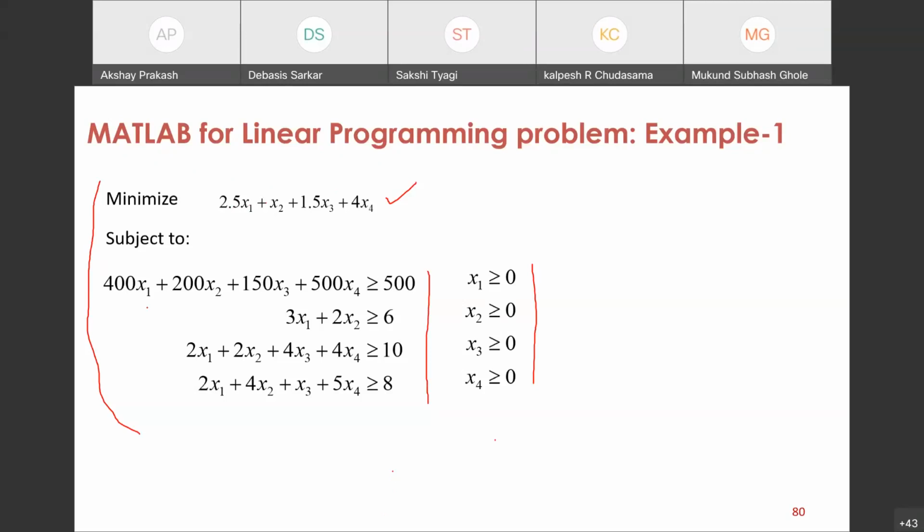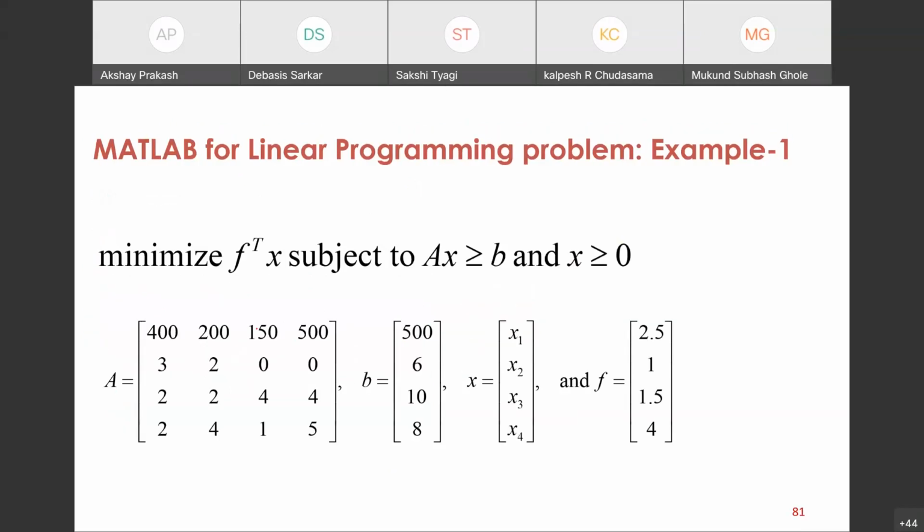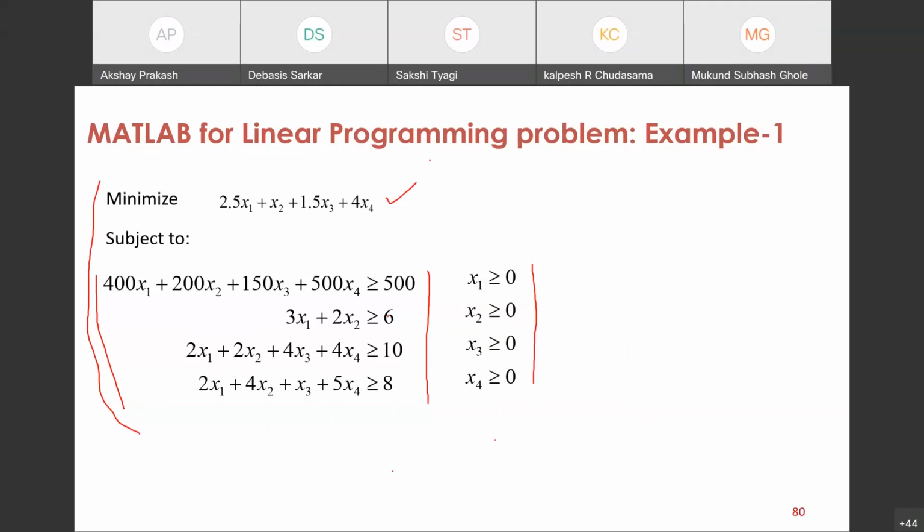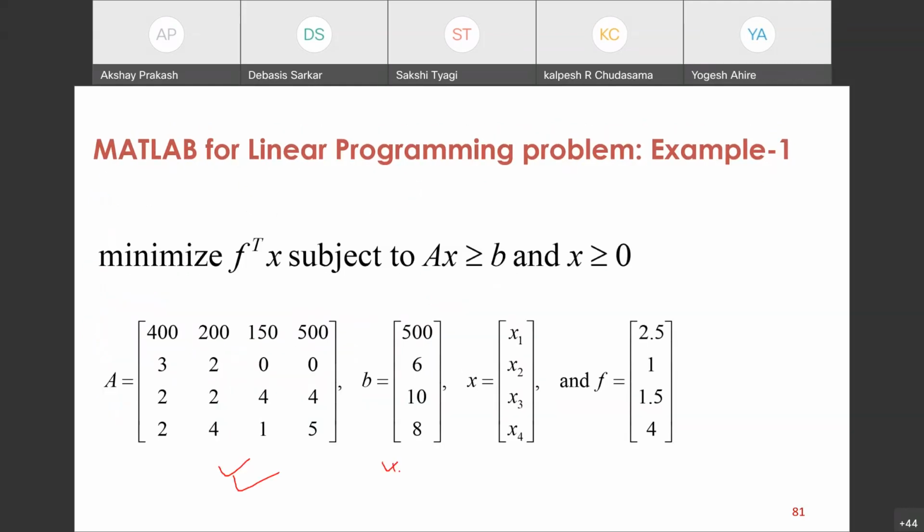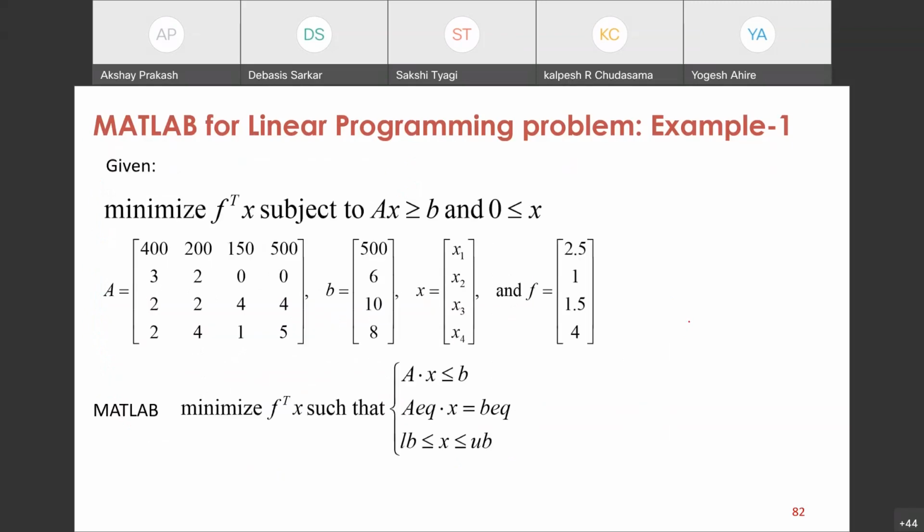The objective function coefficients are 1, 1.5, and 4. The A matrix, B matrix, linear inequality. You have to call this again.